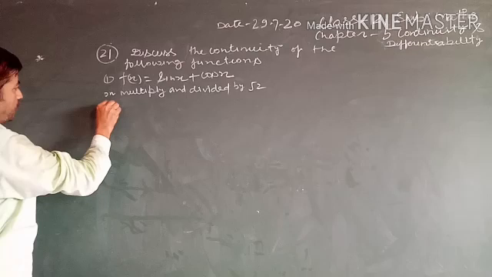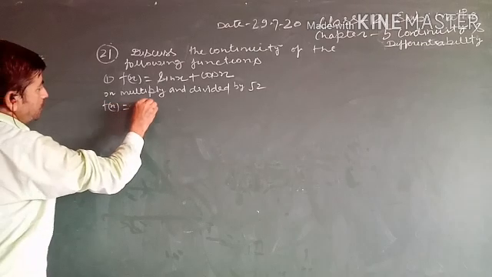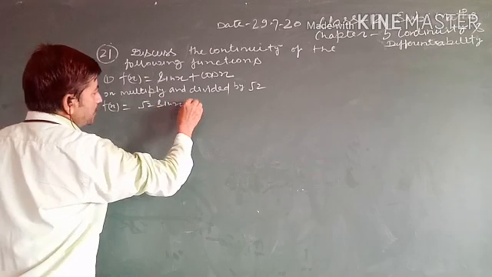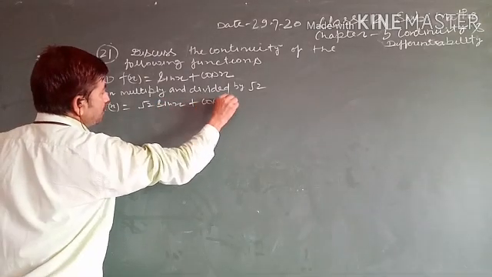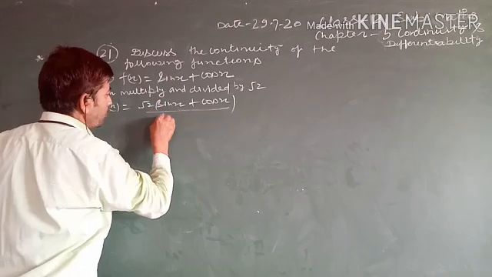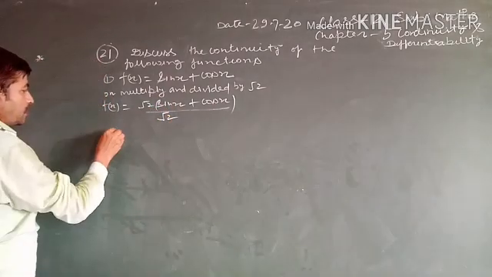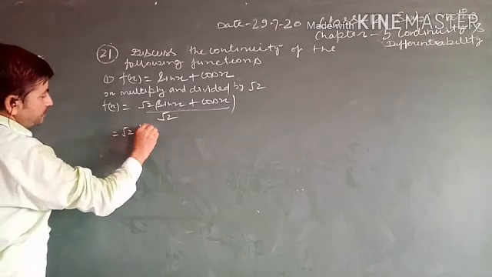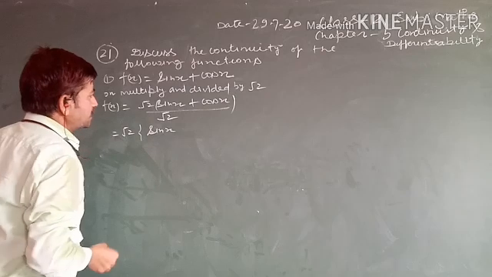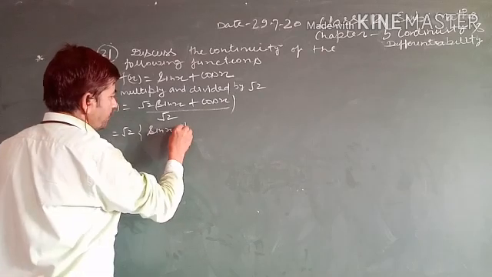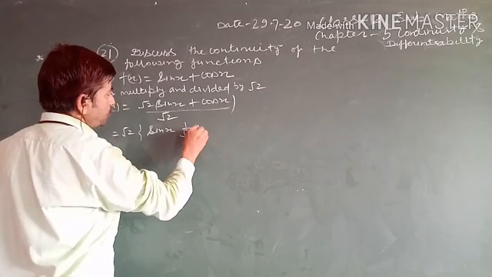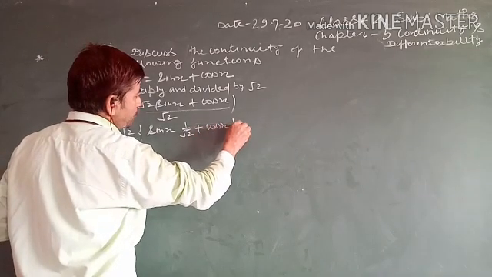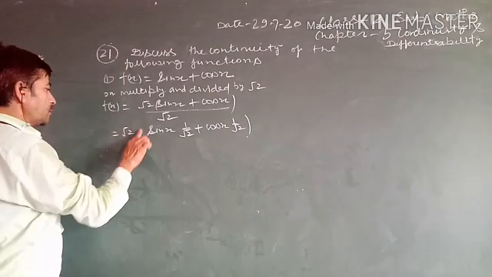Then f(x) is equal to root 2 times sin x into 1 upon root 2 plus cos x into 1 upon root 2.